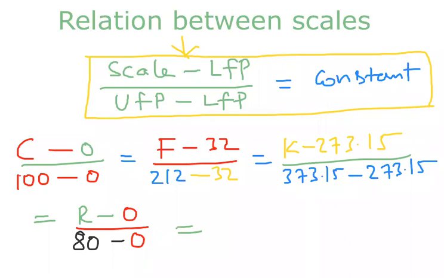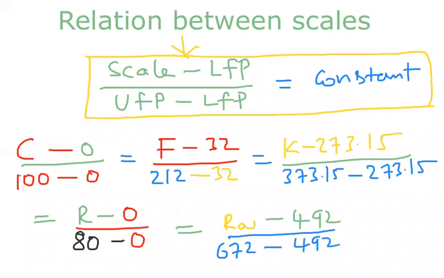Now the Rankine scale. In the Rankine scale, the lower fixed point, as I already discussed, is 492, over the upper fixed point 672 minus 492. Finally, let me equate to some error scale. I'm calling it a faulty scale.